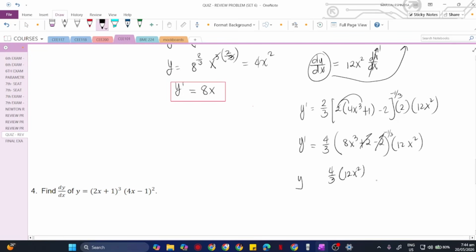Then for the negative 1 third, we can convert the negative exponent into a positive one. So we get here 8x cubed raised to the power of positive 1 third.